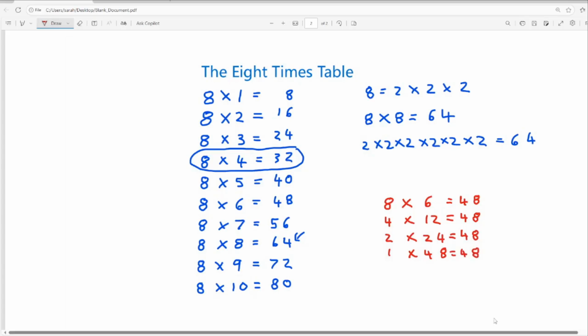Now, there's something called the associative rule. You've got all these 2's multiplied together. Let's say we were doing 8 times 6.